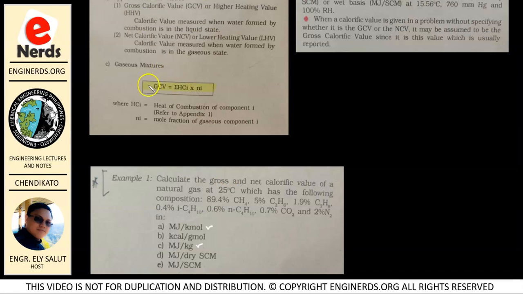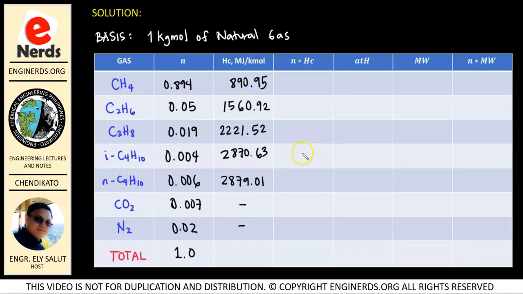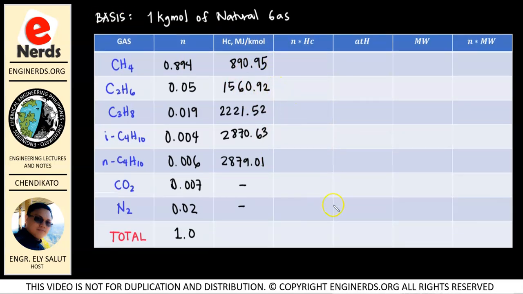So, if you see our formula for gross calorific value, it is the summation of HCI, which is the heat of combustion of every component, multiplied by the mole fraction. So, ibig sabihin, we need to multiply this one to this one. Alright, so let us do that for every component natin dito, no?